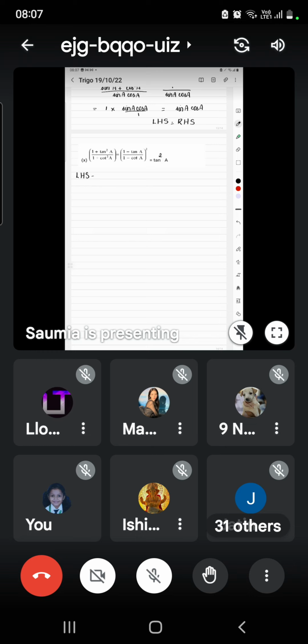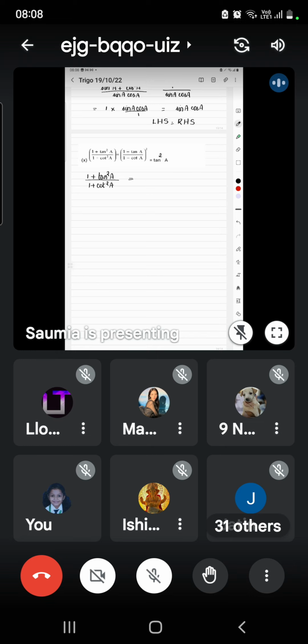Let's start with the first one. Now, in this case, I can't write only LHS and RHS, right? There are three expressions. What's the first one? 1 plus tan square A upon 1 plus cot square A. How will I simplify this?